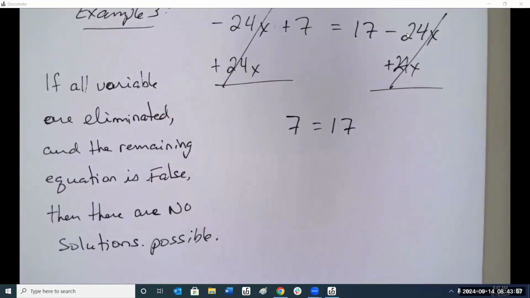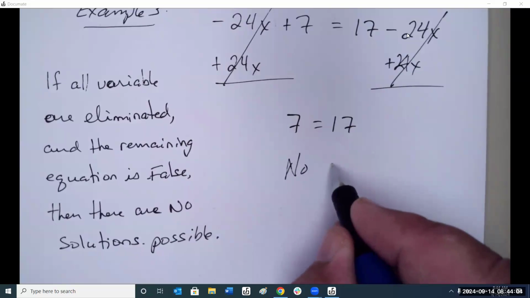No matter what x you put in the equation, it'll never be equal. So this one has no solutions.